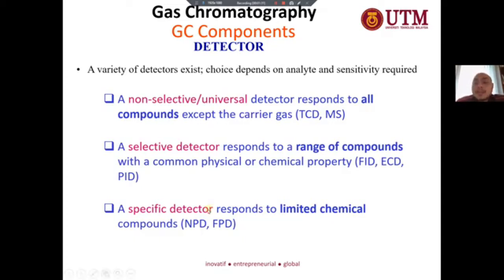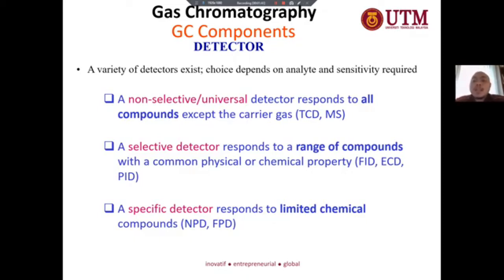So the detector of the GC we can divide it into three types of detector: a non-selective, a selective, and the specific detector. A non-selective we can also call as the universal. It means that it actually can respond to almost all analytes.